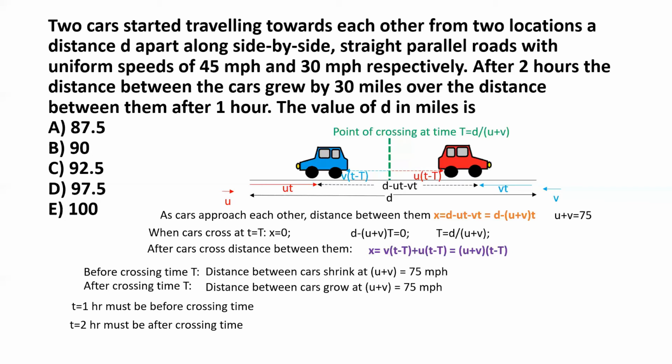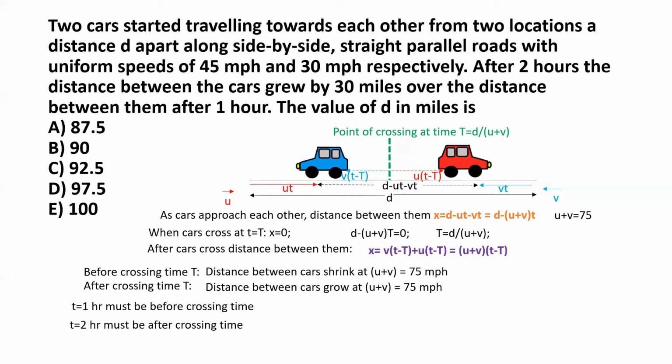So from t equal to 1 hour to t equal to 2 hours, in this 1 hour time period, the distance between the cars actually reduced first as they still continued to approach each other, and then at some time point in between, they crossed each other, and from there on, the distance started increasing.